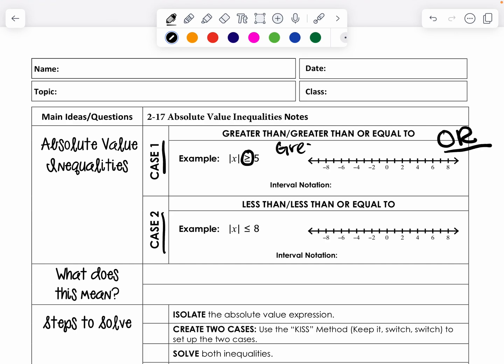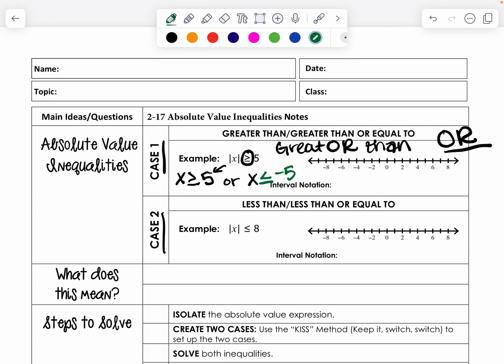Okay, so when I go to graph this, I would put x is greater than or equal to 5, or x, and this is where the magic happens, less than or equal to, and we have to change the sign, -5. So we're flipping the sign, and we are taking the opposite of the number.